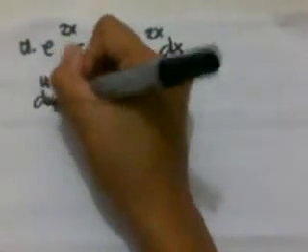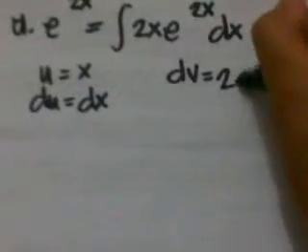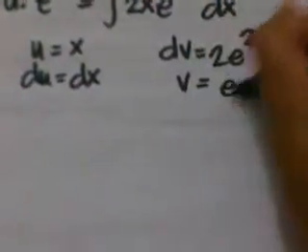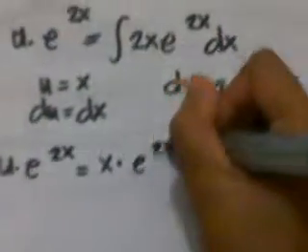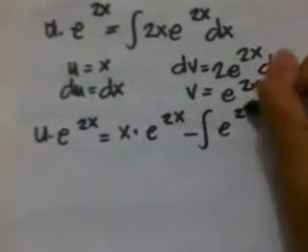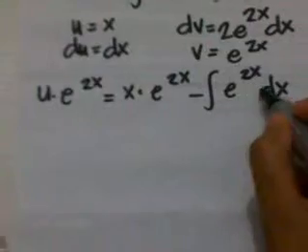Let u = x, and then du = dx. On the other side, dv = 2e^(2x) dx, and then our v is e^(2x). So the integral of 2x e^(2x) dx is uv, which is x e^(2x), minus the integral of v du, which is e^(2x) dx.